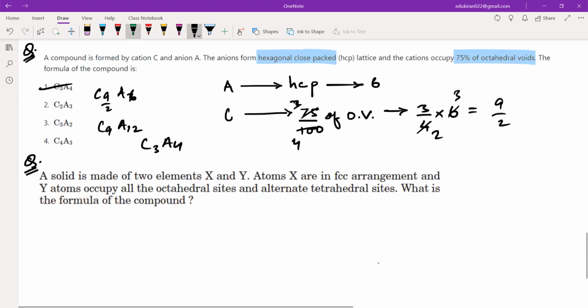Okay, this will be C3A4. They made some mistake in the simplification. Okay, C3A4.